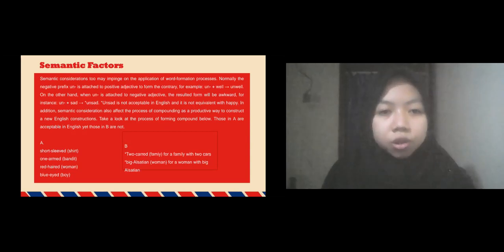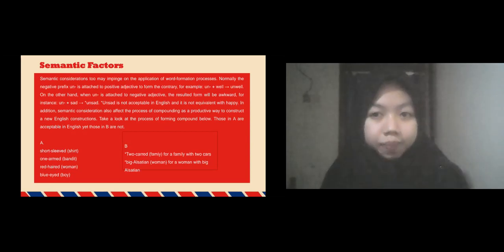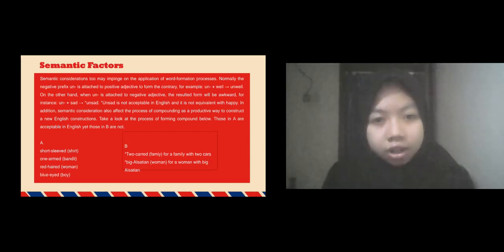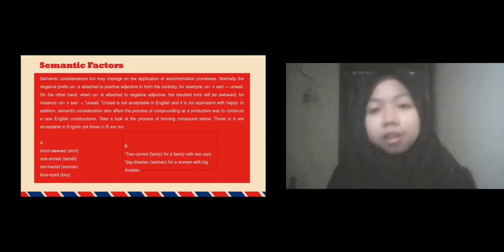For example, two-car family. It's not acceptable to refer to a family with two cars. Okay, the next example is big Alsatian woman. It's not acceptable to refer to a woman with a big Alsatian.